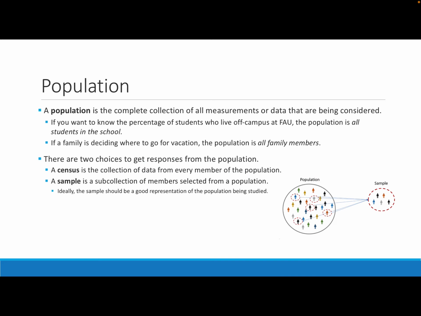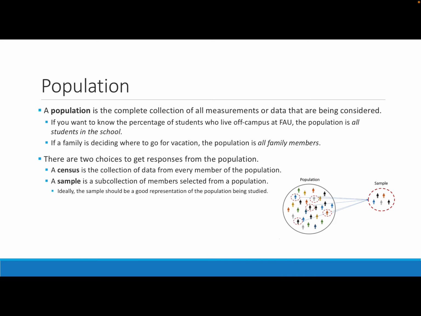And depending on what you want to find out, you will get different populations. For example, if you want to know the percentage of students who live off campus at FAU, maybe the administration of the university wants to know if new buildings, new dorms, or maybe a new cafeteria need to be built if many people live on campus.